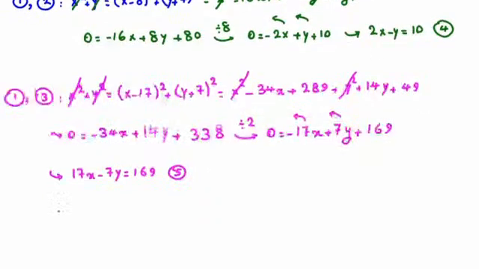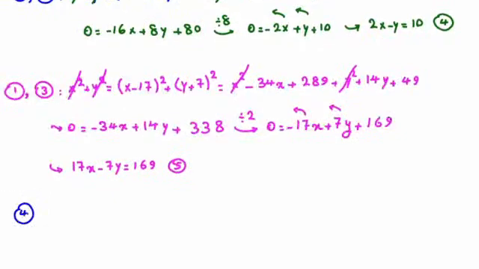So if we write 4 again, it is 2x minus y equals 10. If we use fifth equation, 17x minus 7y equals 169.